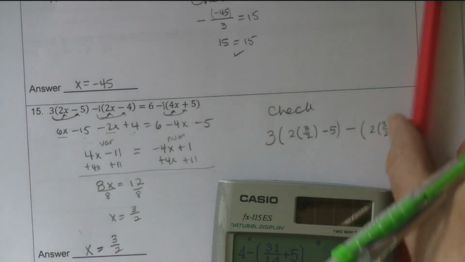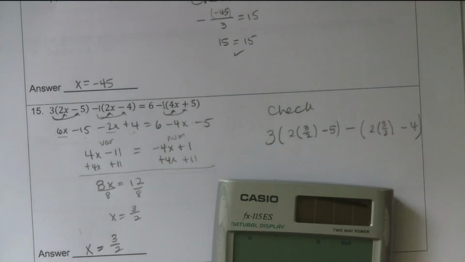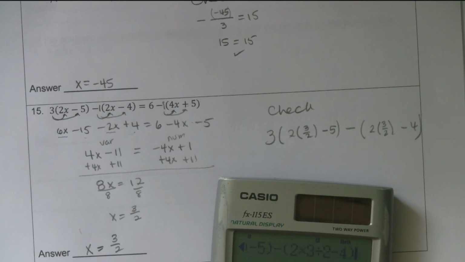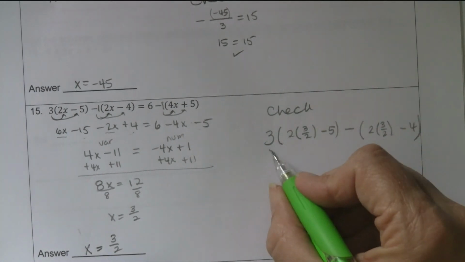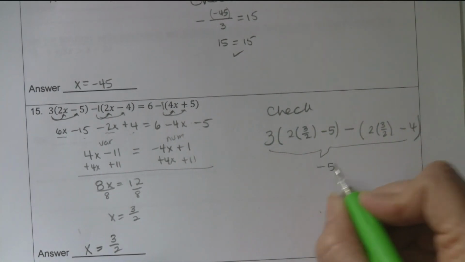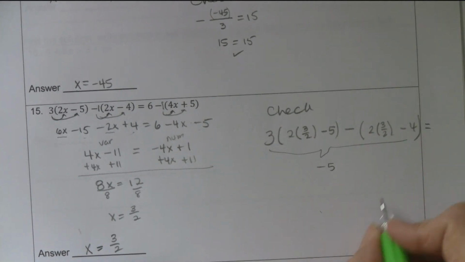And put that in my calculator. So on this side, I'm getting -5.